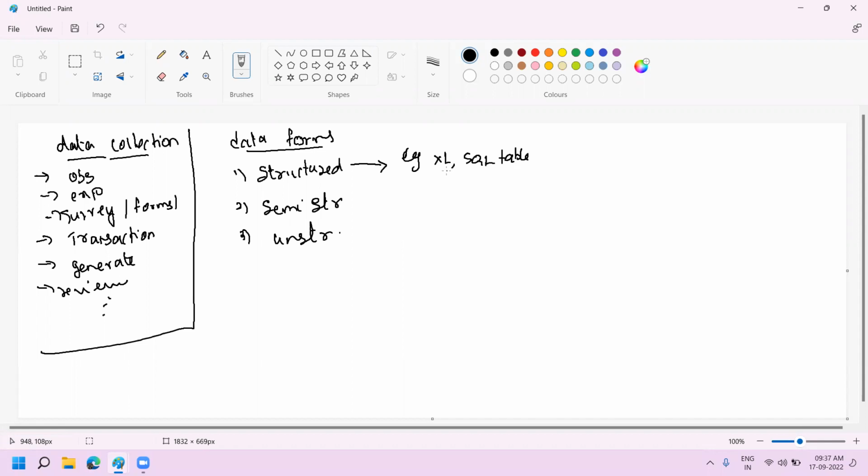If a format is already defined for a table, then that is fixed for that. If you have to add anything, we can add, but the data will not be updated for the previous records. It will only be updated for the records added next. Okay, so what has that got to do with the definition?